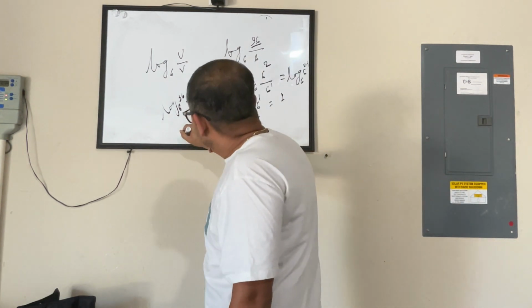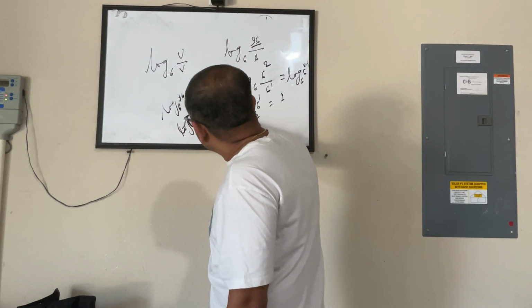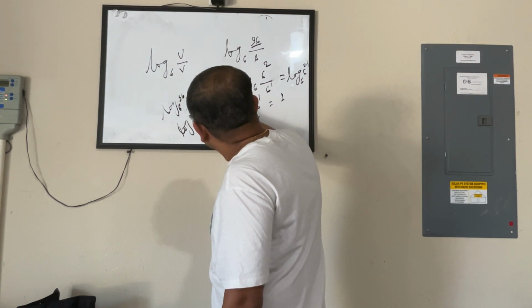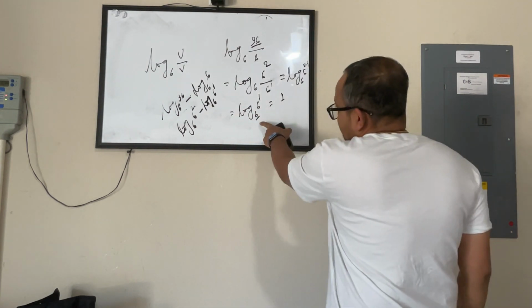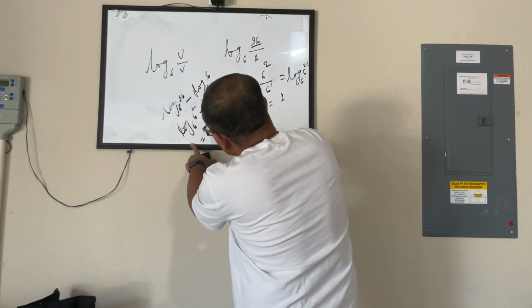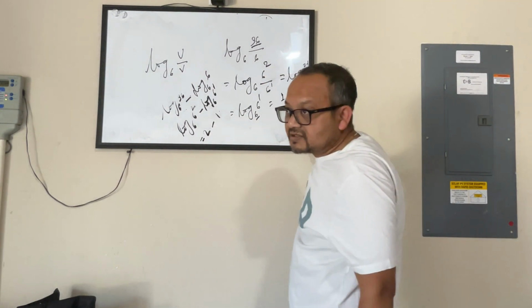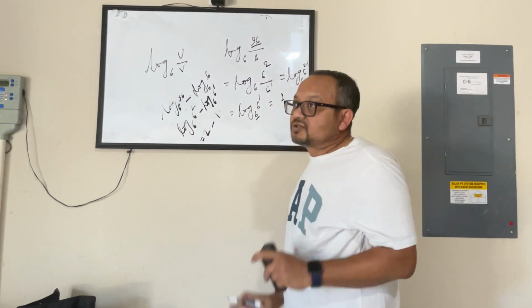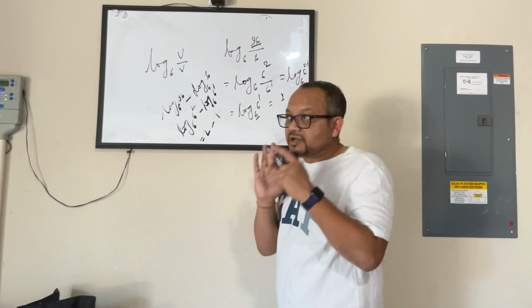Because this will give you log of 36, as in 6 square, minus log of 6. See, this is exactly what we are doing here. Log of 6 to the power this gives you 2, minus this gives you 1. So the answer is the same. Whatever I have told you so far, there is only one takeaway.